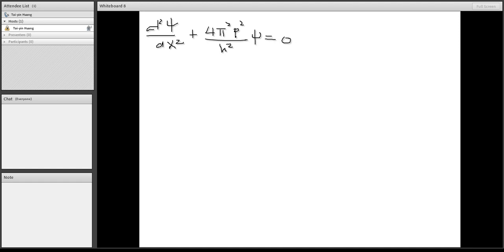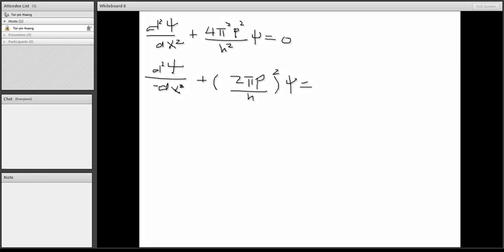So we can rearrange this. So you have your d squared psi dx squared, and then plus, let's say you have 2 pi, and then you have your p over h, all within the parentheses, and square it.